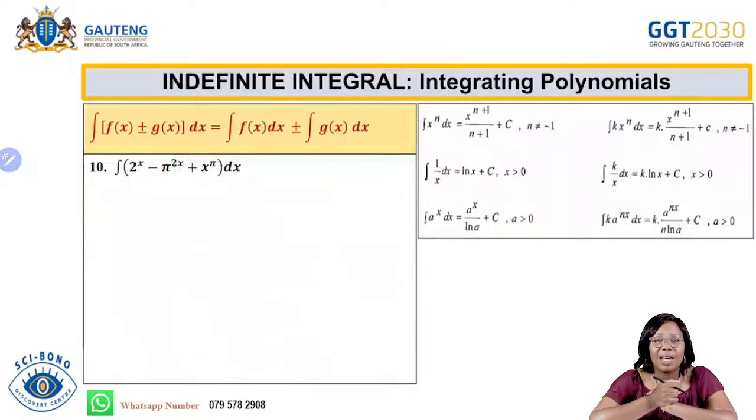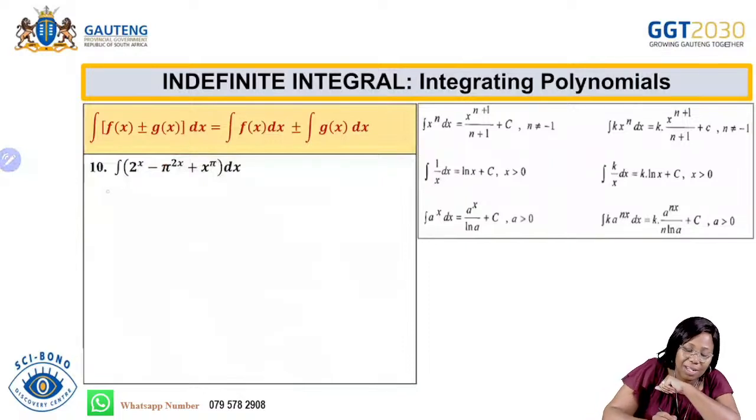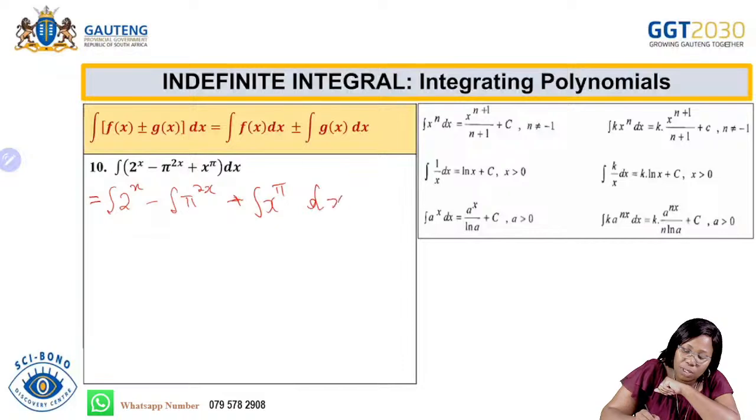Now, we can start identifying the rules that are involved in this particular expression. Remember, we will be integrating them individually: the integration of 2 to the power x minus the integration of pi to the power 2x plus the integration of x to the power pi, with respect to x.